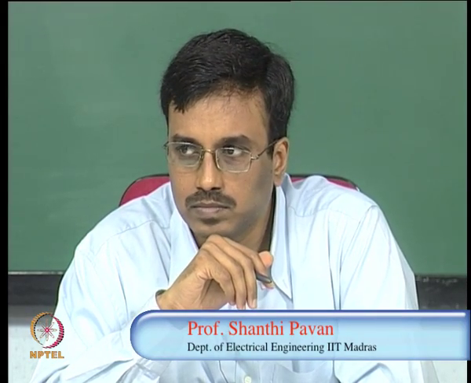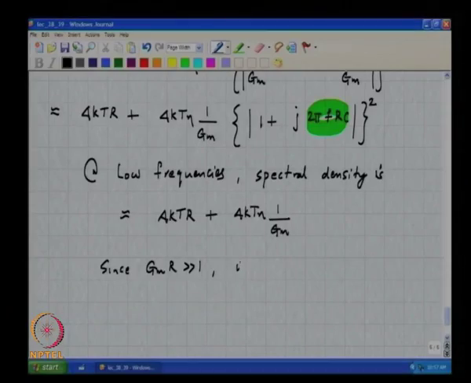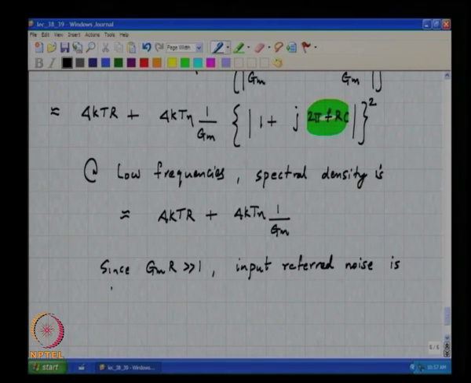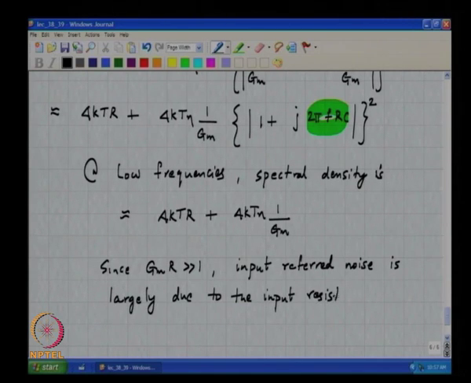Does it make sense? All right. Is this clear?